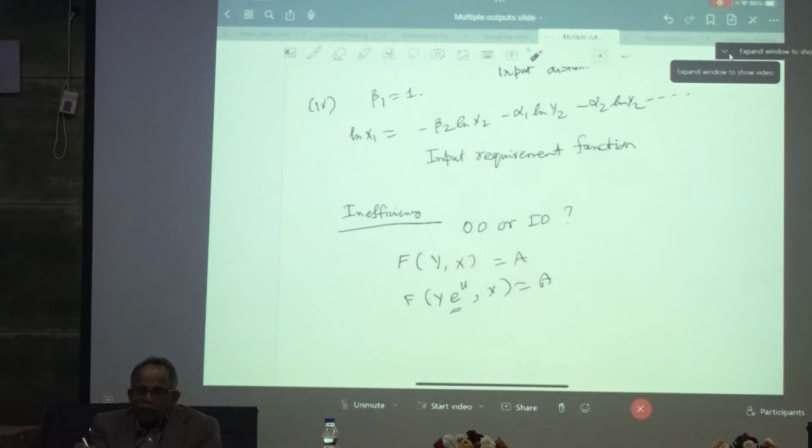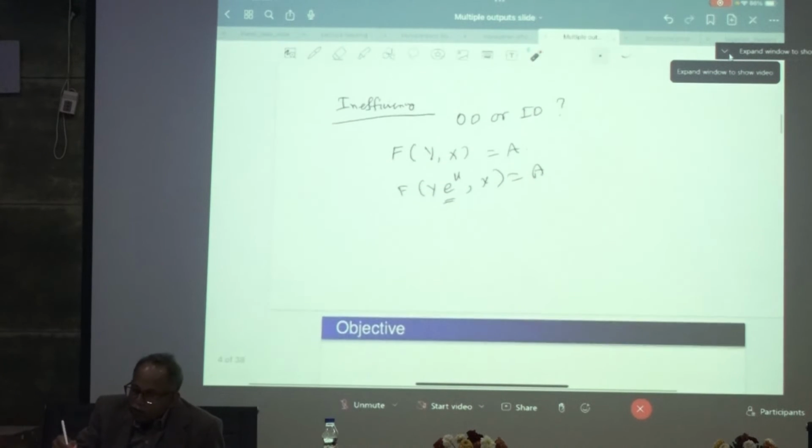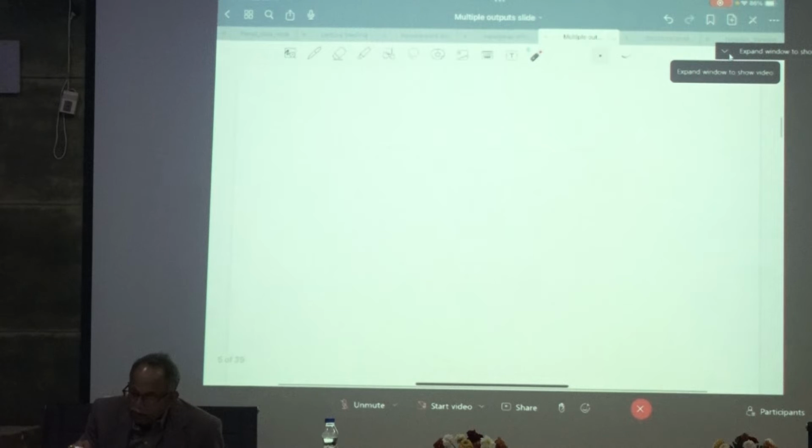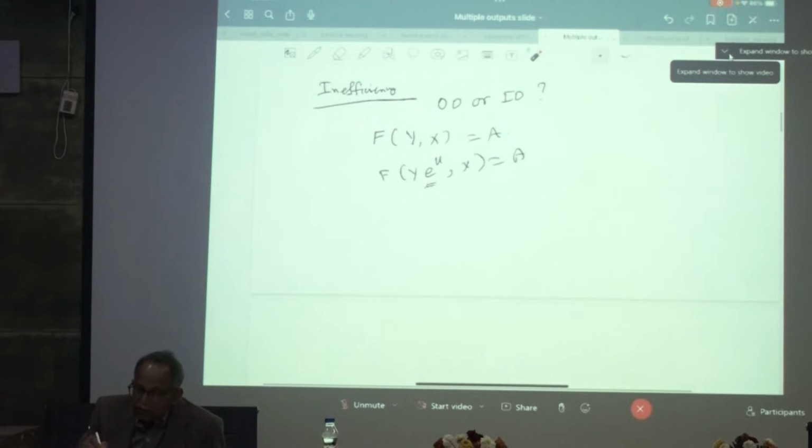Okay. So then again, instead of going through all the algebra all over again, let me just say that if this is the case, and you use a simplification, you just say, well, these are separable. I mean, this is an assumption.